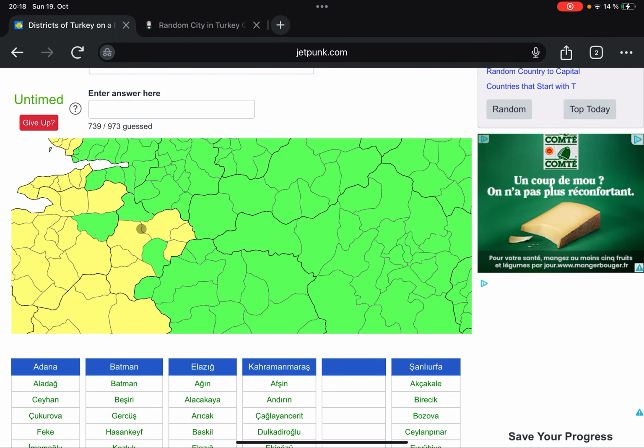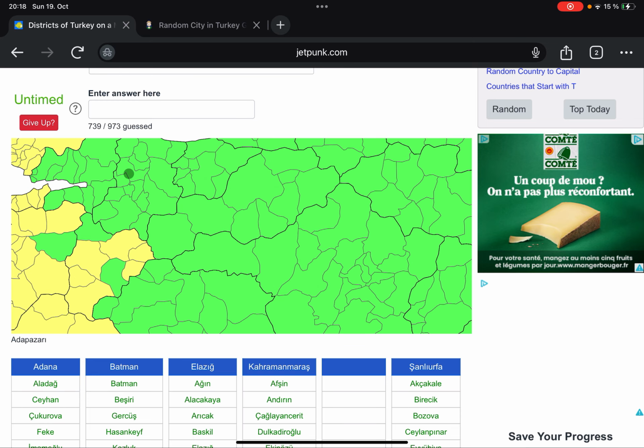let's quickly do the province of Bilecik, where, as I said before, we already named the Osmaneli district, and from just naming the Söğütlü district in Sakarya, we already got the Söğüt, so that's why it's already green.